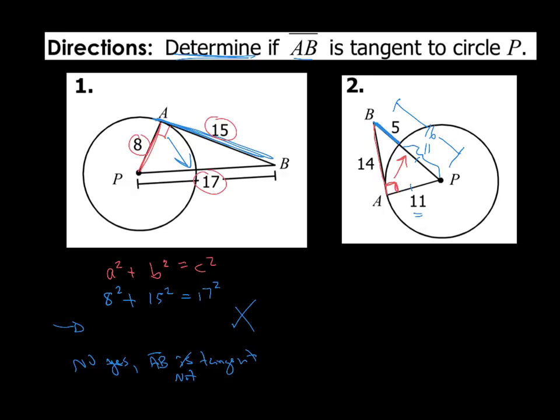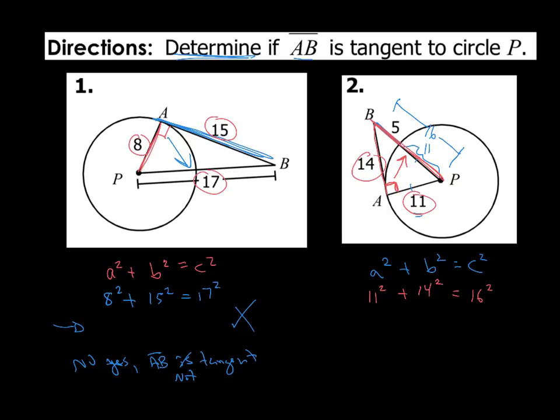So we have a leg of 14, so we'll say a squared plus b squared equals c squared, and then we substitute in the values. 11 is one of the legs, so 11 squared. BP is the hypotenuse, so that's going to be 16 squared, and then 14 is the other leg.